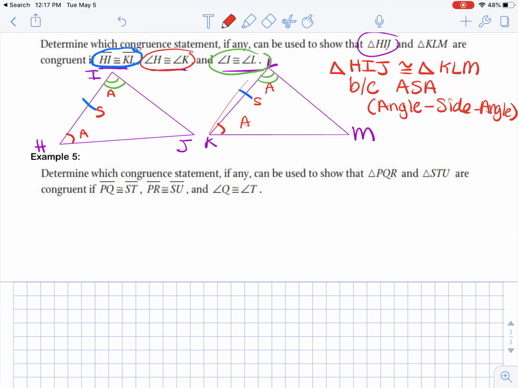Okay, we're going to do the same thing for number 5. We're going to draw a picture. So it says determine which congruent statement, if any, can be used to show that triangle PQR and STU are congruent if segment PQ is congruent to segment ST, segment PR is congruent to segment SU, and angle Q is congruent to angle T. Alright, so like we did before, let's start off with 2 pictures of triangles.